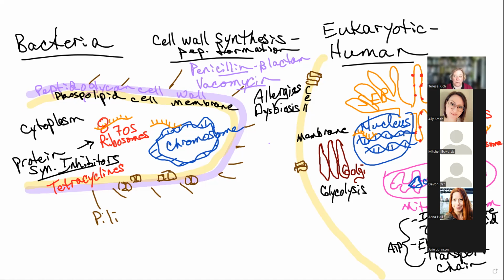Potentially, they could bother the ribosomes in our mitochondria, but generally speaking, tetracyclines will come in through the transporters, but there aren't any transporters for tetracycline to get into mitochondria, so they just kind of bounce off.